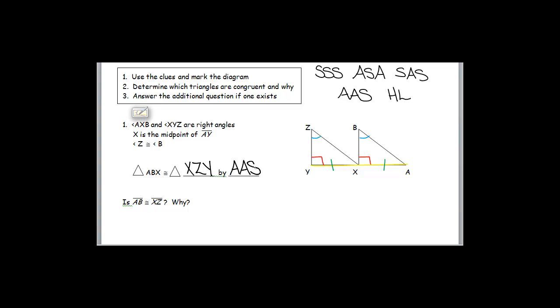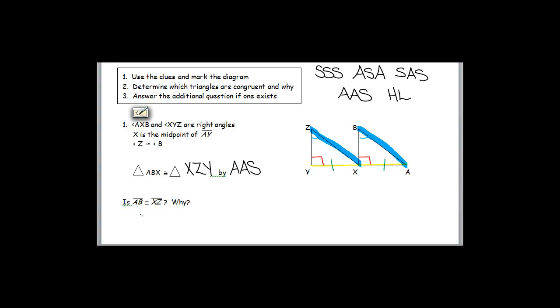Now, the extra question that is being asked: is segment AB congruent to segment XZ? Well, segment AB is right there and segment XZ is right there. Those are corresponding parts within our congruent triangles, so those triangles produce congruent parts.